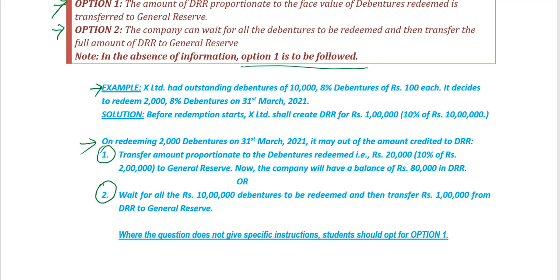Or the second option is to wait for all the rupees 10 lakh face value of debentures to be redeemed and then transfer the entire rupees 1 lakh from the DRR to the General Reserve. And please note, where the question does not give any specific instructions, students should opt for option 1.